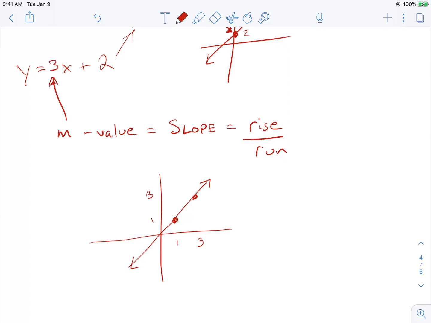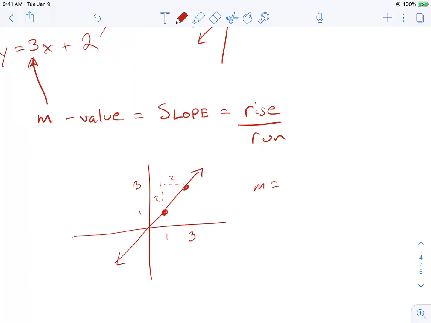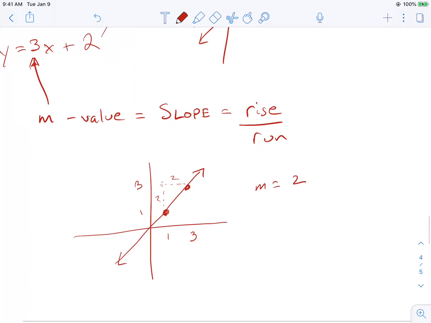So what is my rise? I went from 1 to 3, so I moved up 2 steps. And how far over did I go? I went from 1 to 3, and I also went 2 steps. So my slope, which we write using the letter m, is going to equal 2, which is my rise, over my run, which is 2, and that gives me a rise over run of 1.